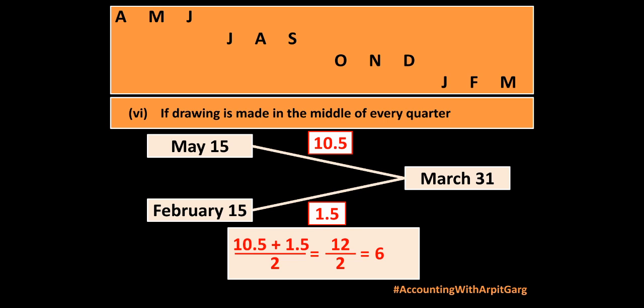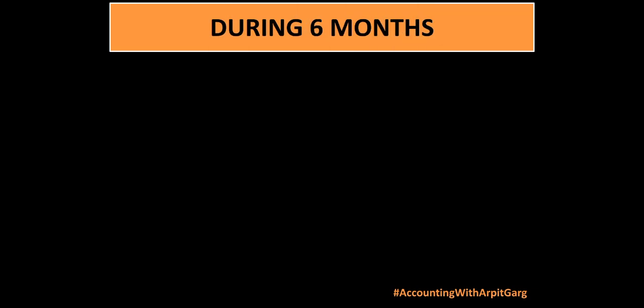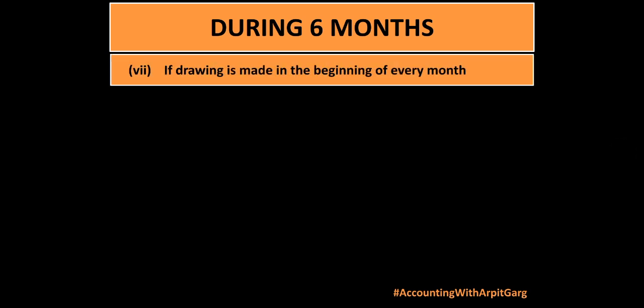Now let's move very quickly if we do not draw this diagram. So when drawings are made during 6 months, let's try to make this calculation quickly. If drawings are made in the beginning of every month, as we are having only 6 months, first drawing will be made on first date of first month.